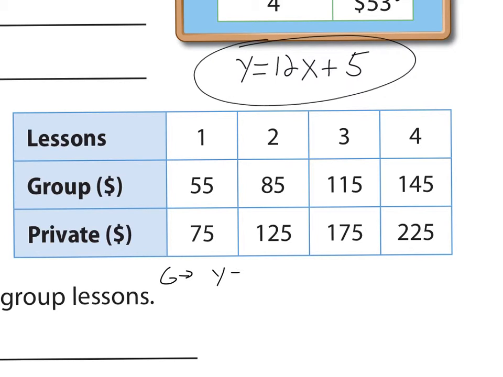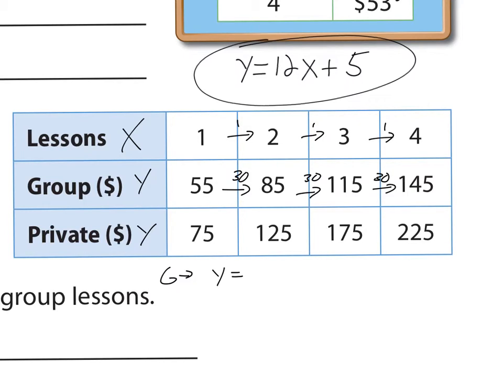All right, so y equals, these are going to be our y's because the money depends on the number of lessons. So what's my change in y with group? 30 every time. It's 30, 30, 30. And what's my change of x? 1, 1, and 1.